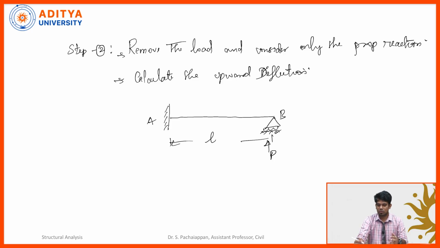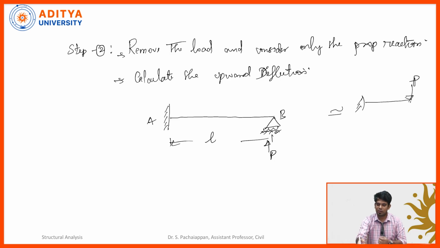Okay. So now you see this is almost similar to this case: the cantilever beam subjected to point load at the free end. If you invert this beam, reverse this beam and see, this is nothing but the cantilever beam subjected to point load at the free end.